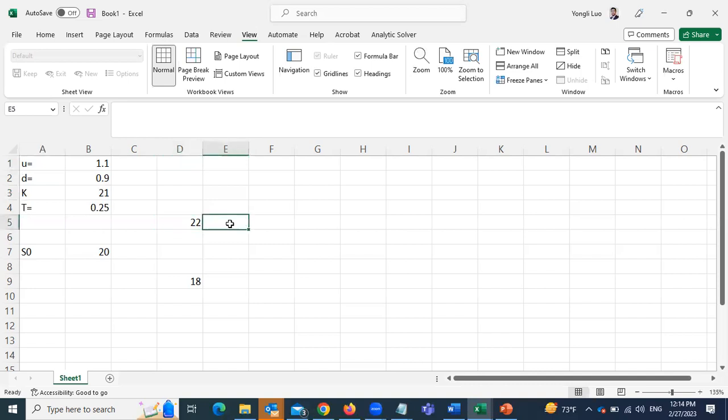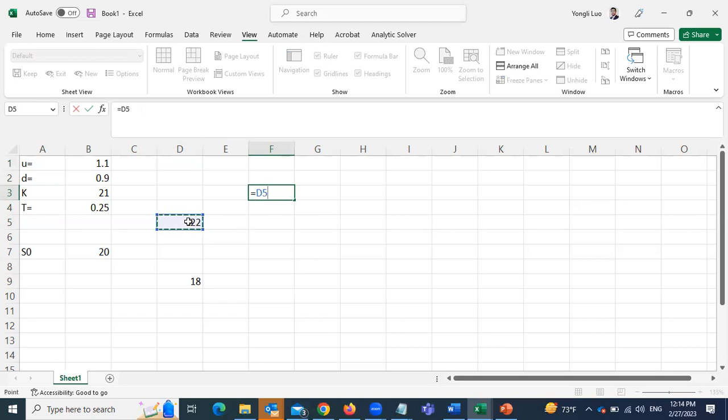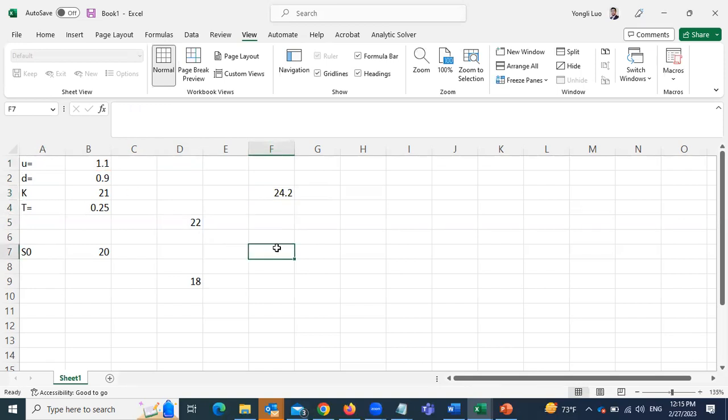Okay, next step, they continue to go up or go down, right? Let's say in the next step they move up. Now they move up again to 22, which is times the up factor, right? And then they go down to 22 times the down factor, 0.9.